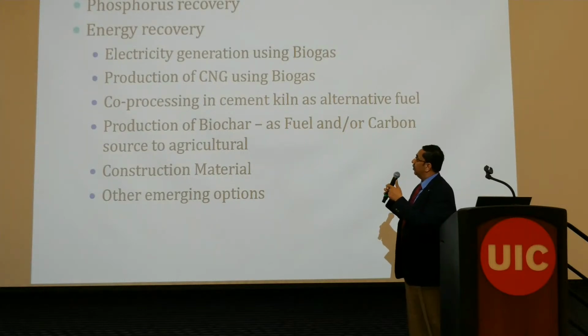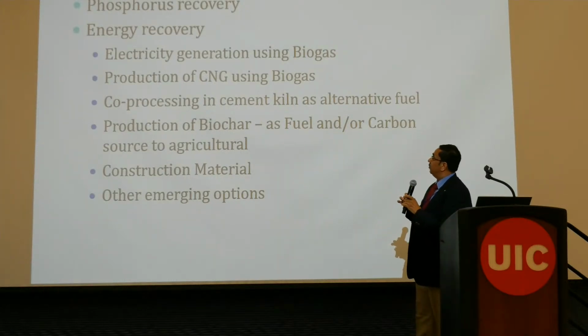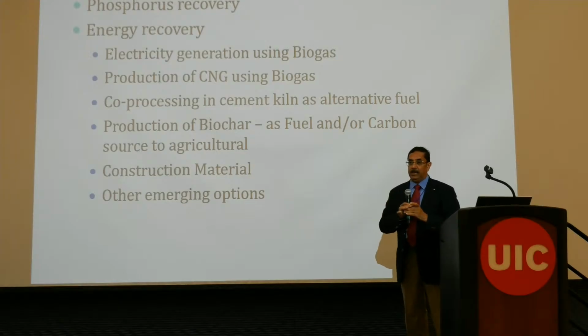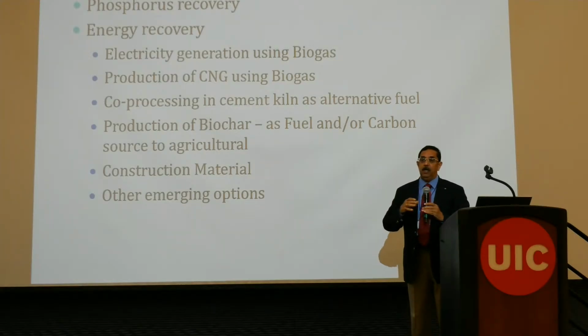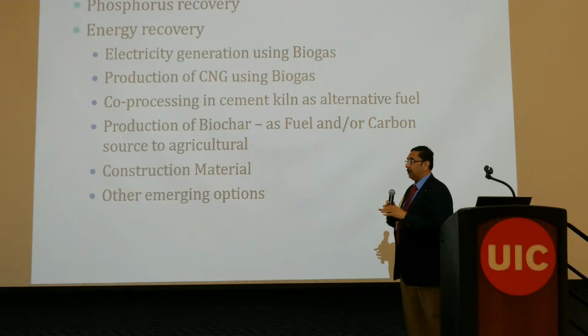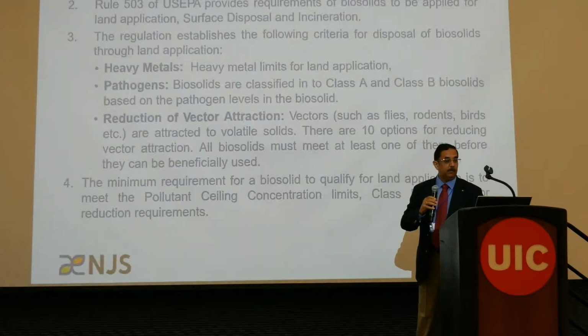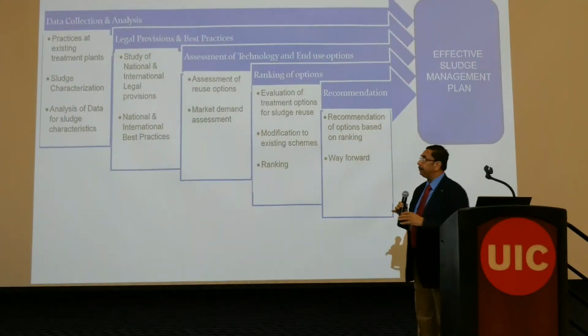Then recovery, energy recovery, phosphorus, electricity generation using biogas, RCNG, and how we can use co-processing in cement plants, as well as using it as a fuel and carbon resource. I'll show you how that works effectively for operability and process.